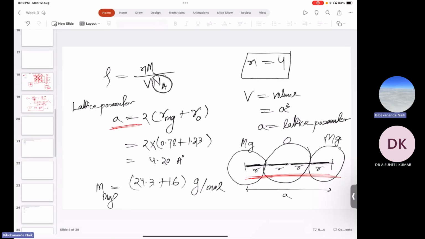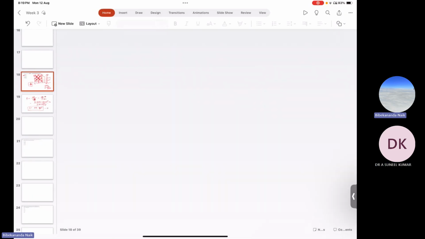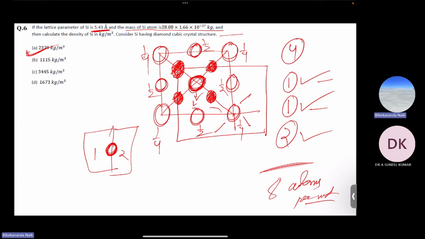But here in the diamond crystal, it is displaced by 1/4 of the body diagonal. That's why this is the structure. So from this to this is 1/4 of body diagonal. So this is 1/4, this is 1/4, this is 1/4, and this is 1/4. Since it is displaced by 1/4, these four atoms that are present are already inside.